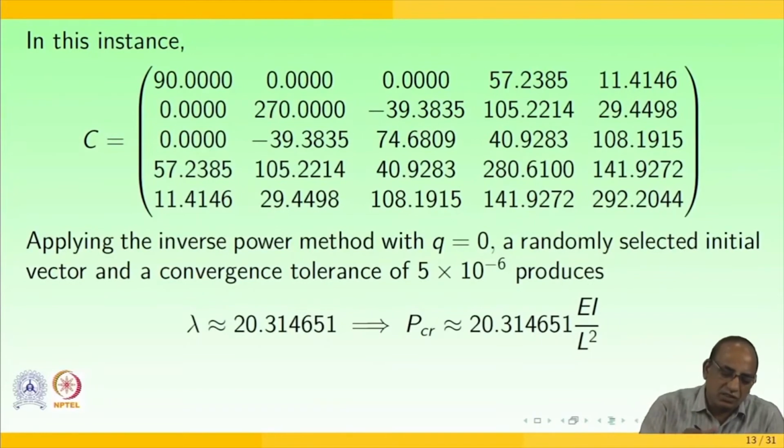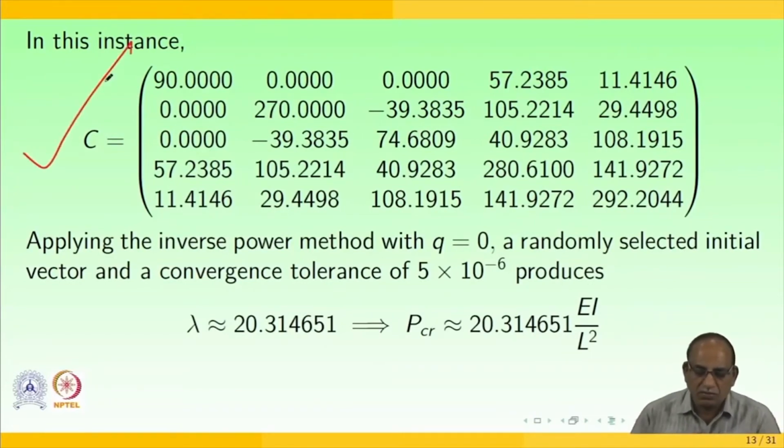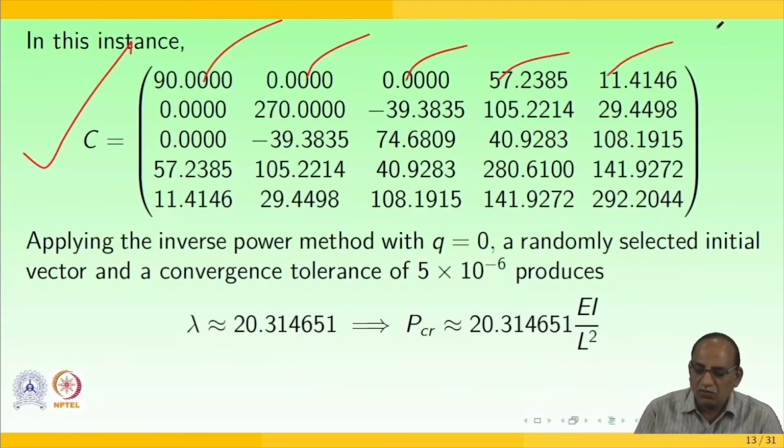In this instance, you get a matrix of this form, that is 5 rows and 5 columns.